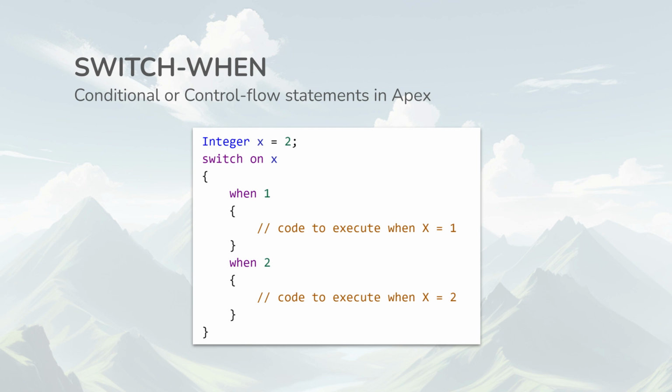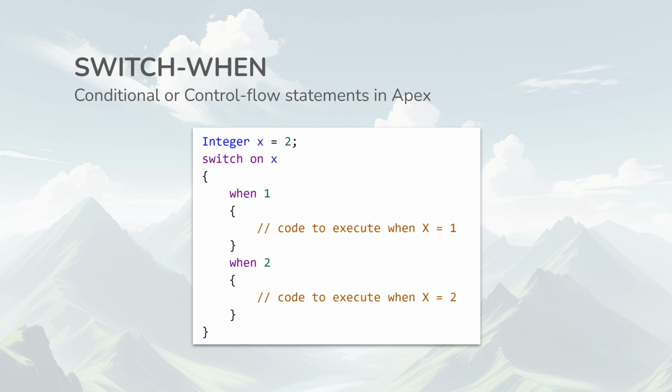First, there is a condition where we check for a variable after the switch keyword. Then the curly braces start that define the scope of the switch block. Inside the switch block, you see multiple when keywords followed by a literal value, which in turn is followed by the left and right curly braces.